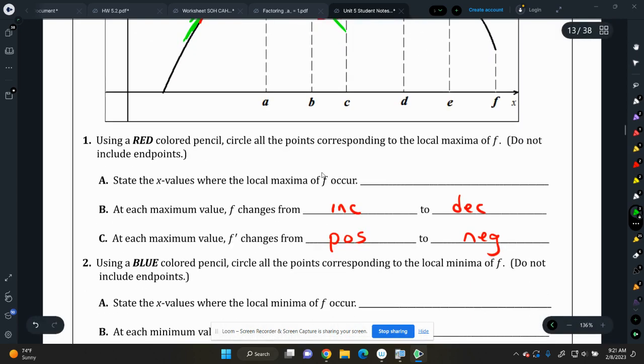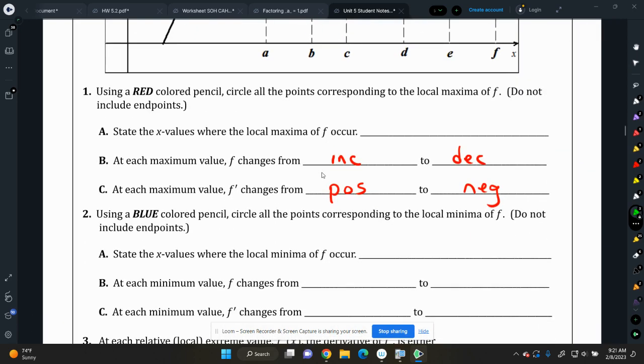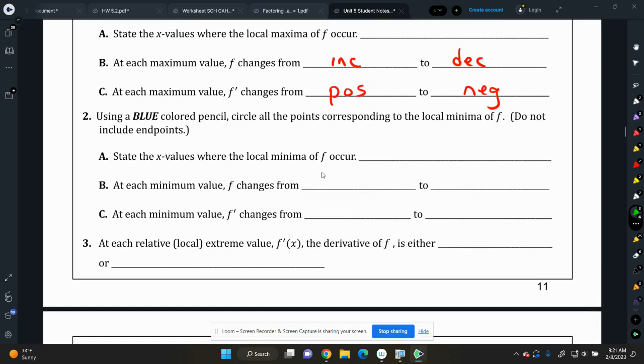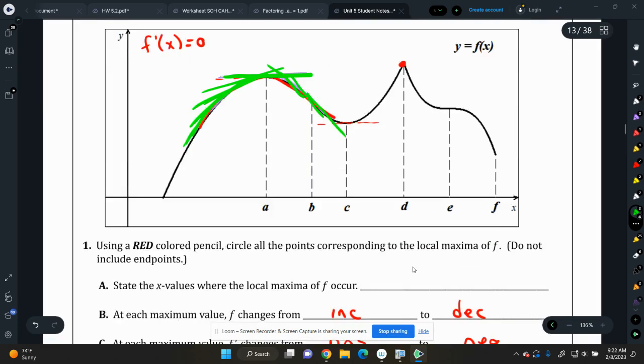At a minimum value, f is going to go from decreasing to increasing. F prime will go from negative to positive. At each relative local extreme value, let's look at this graph.